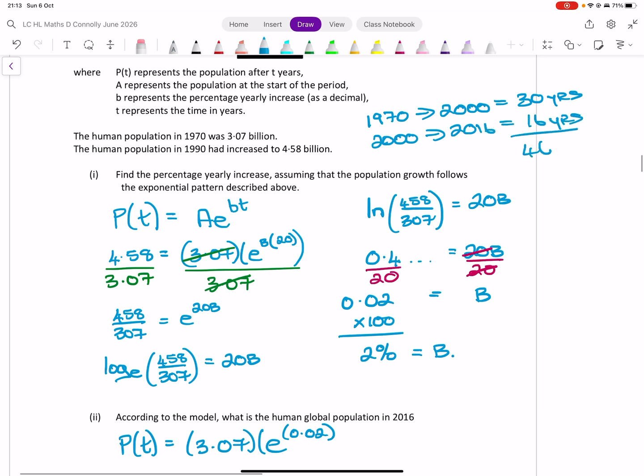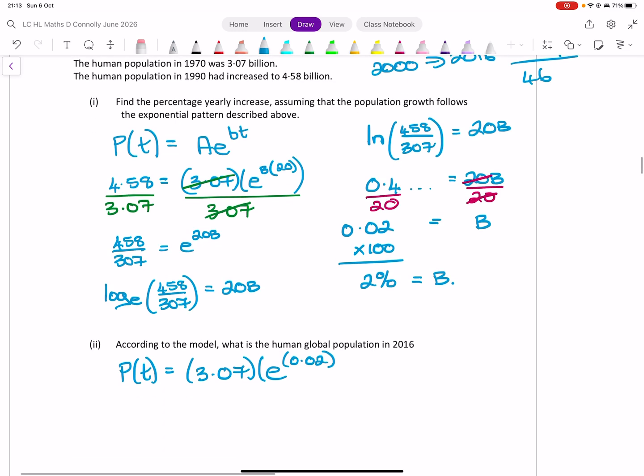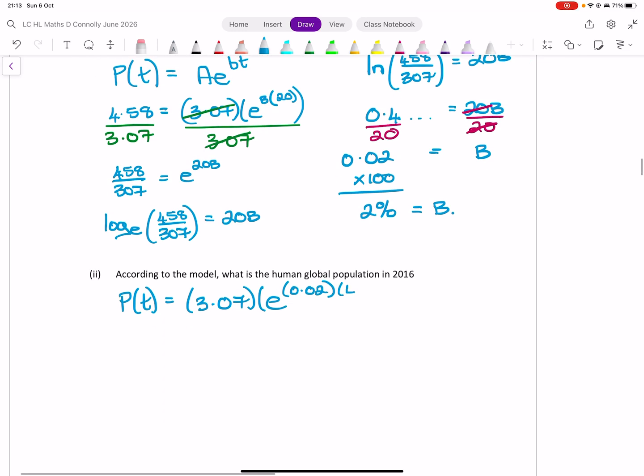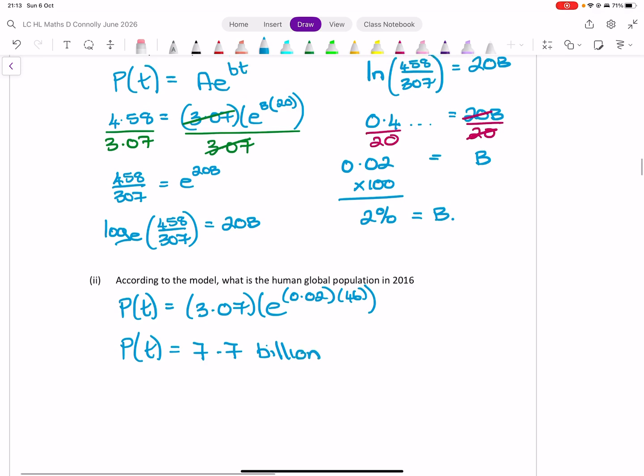So that's 46 years altogether. Does that seem right? Okay, so 46 times 0.02, e to the power of that, multiplied by 3.07. I'm getting a population of 7.7 billion by 2016.